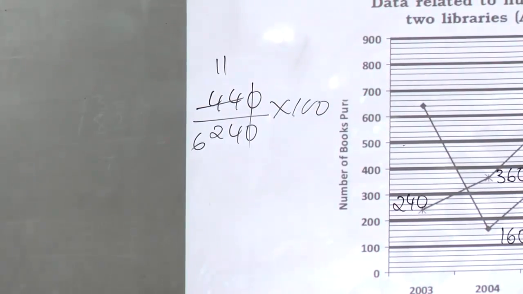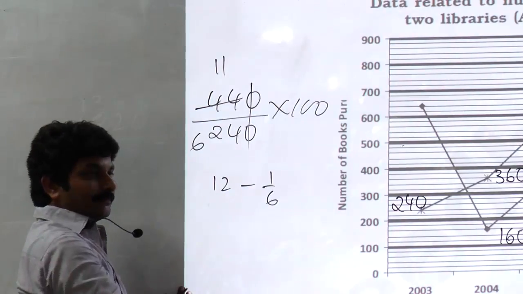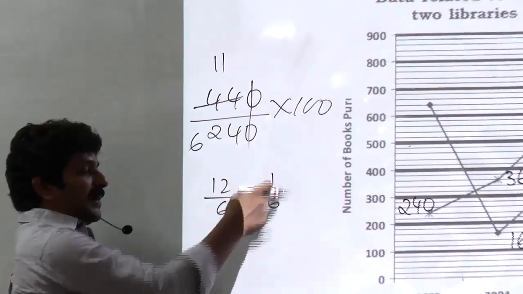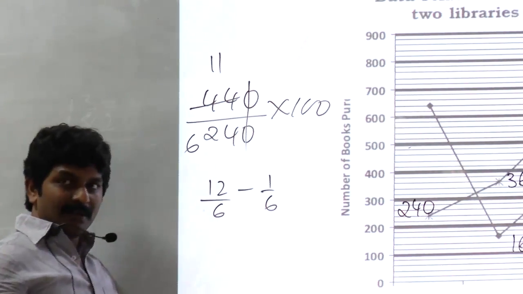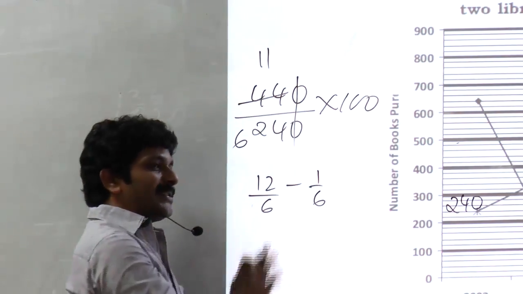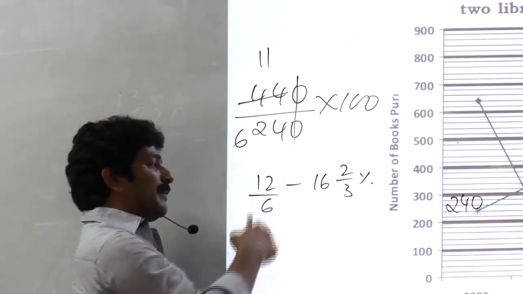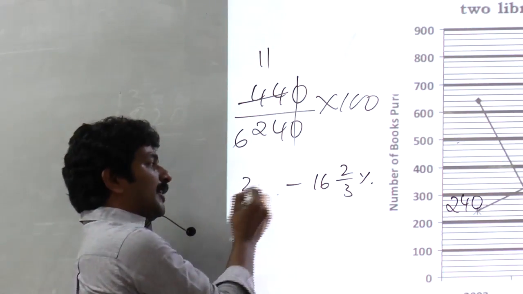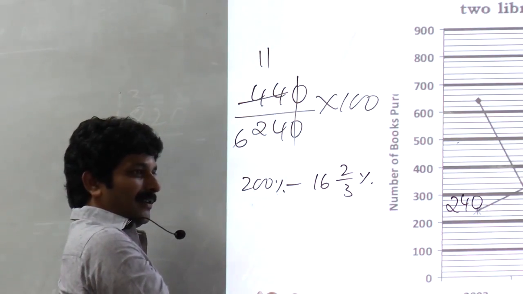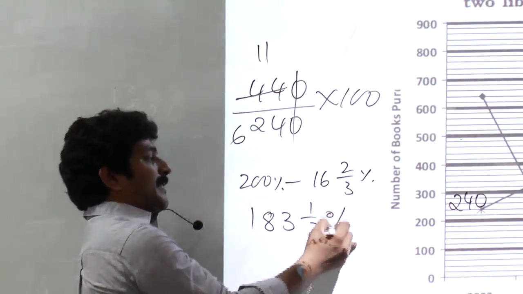Can I treat this number as 12 minus 1 by 6? 12 by 6 minus 1 by 6. Will that be equal to 11 by 6 or not? What do you mean by 1 by 6 in terms of percentage? 16 2 by 3%. 12 by 6 in the sense 2, 2 in the sense 200%. 200% minus 16 2 by 3%, 183 1 by 3%.